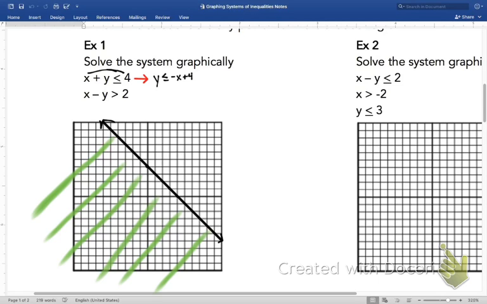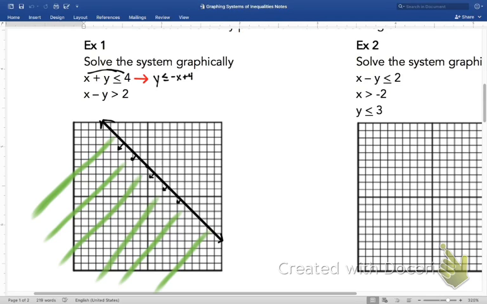I might even do something like this so I know I need to go this way, so that way I know which way I need to shade. I may just run little arrows off to the bottom side because it's below. I may draw those little lines so then I have an idea of where there's going to be an intersection of my shaded area. It's really up to you as far as what you want to do.